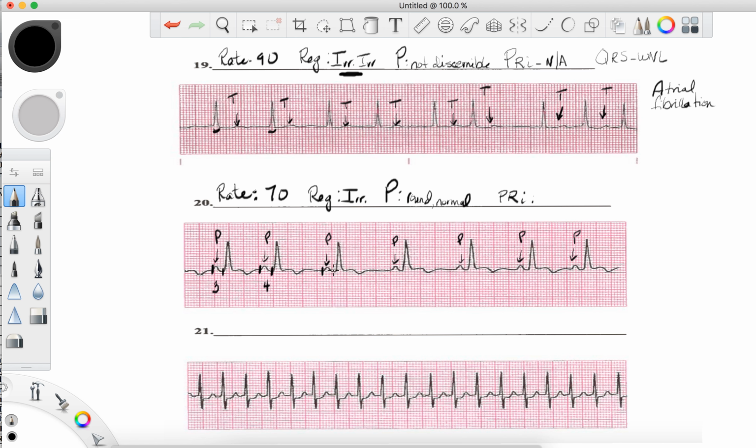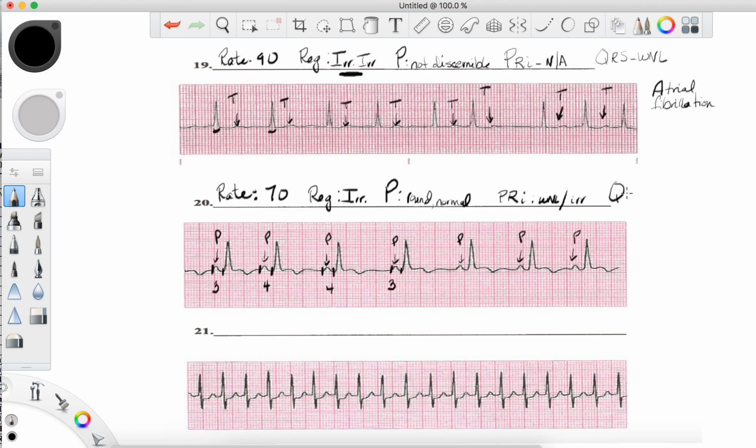And again, about 4 boxes there, and somewhere around 3 here. So the PR interval is within normal limits, but they're not the same every time, okay?